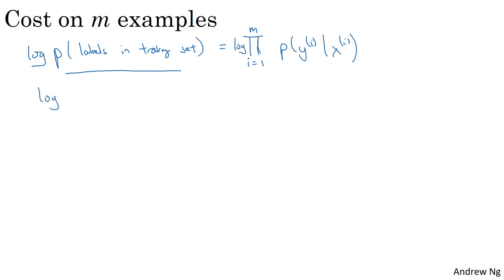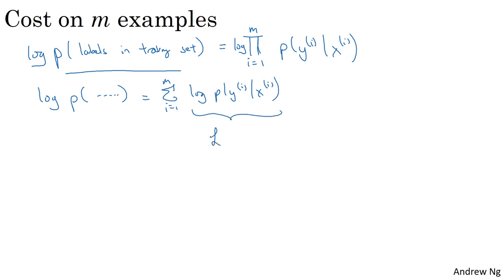So the log of the probability of the labels in the training set is equal to the log of a product, which is the sum of the logs. So that's the sum from i equals 1 through m of log p of y i given x i. And we had previously figured out on the previous slide that this is negative L of y hat i, y i.